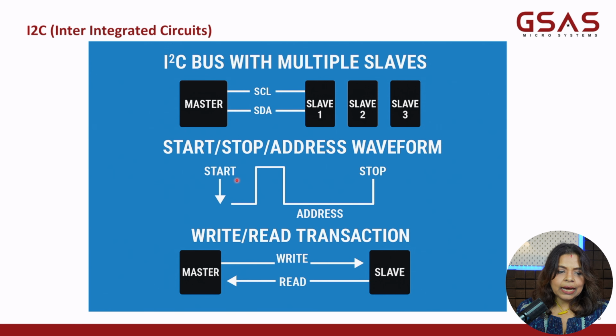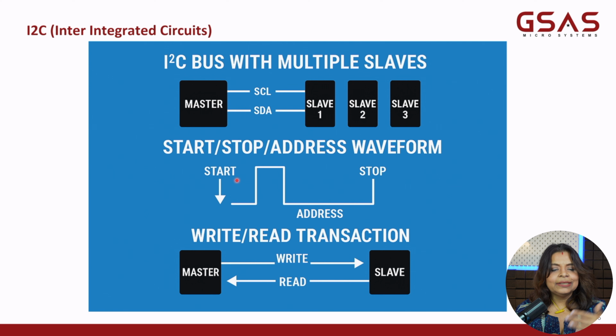Like UART, I²C also uses 2 lines, SCL and SDA. SCL is your serial clock, SDA is your data line, to which you can send the data. Everything is synchronized with the clock as data is sent from one device to another device.